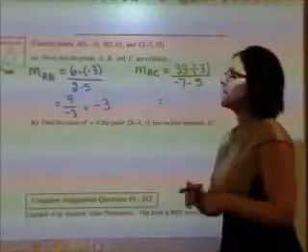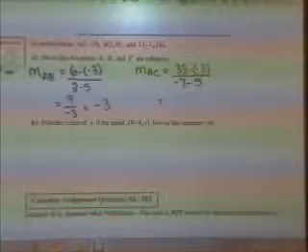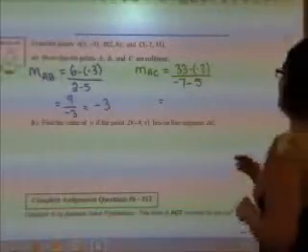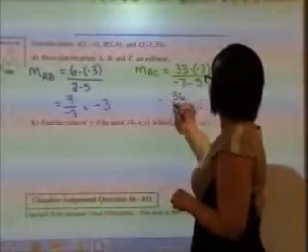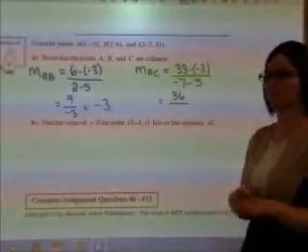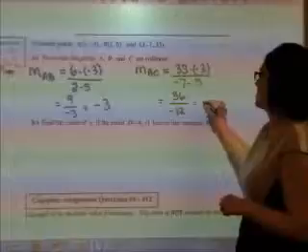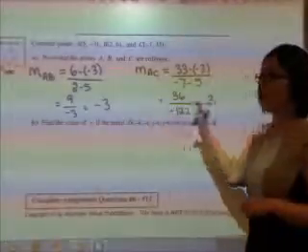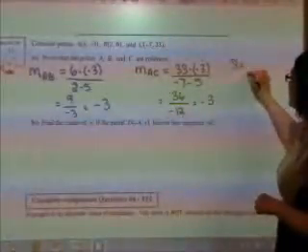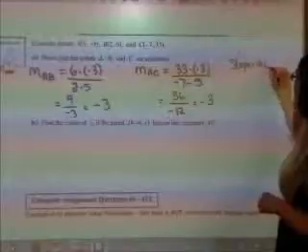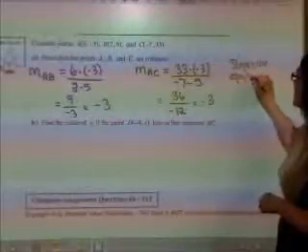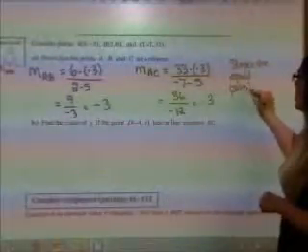Okay. What is 33 minus -3? 36. And -7 minus 5? -12. And what is 36 divided by -12? -3. So because the slopes are equal, the points must be collinear.